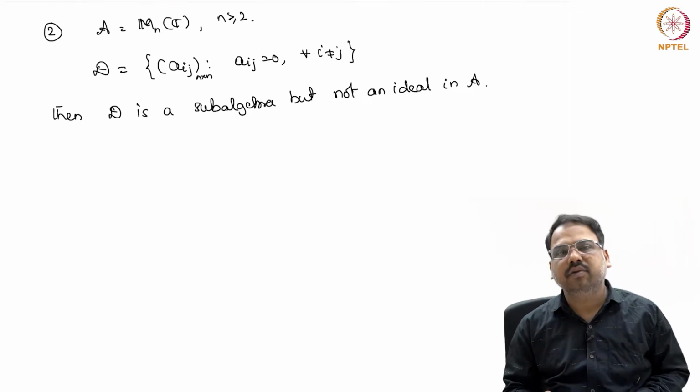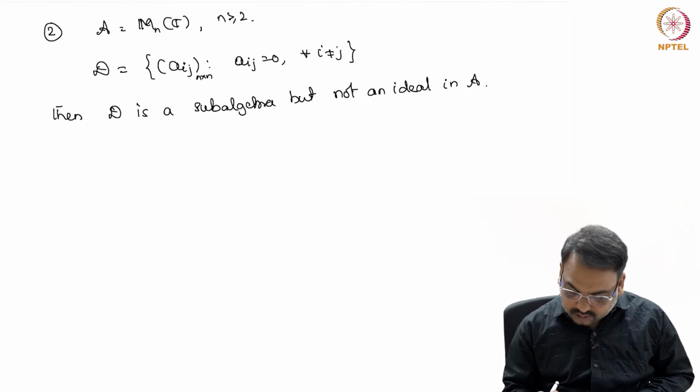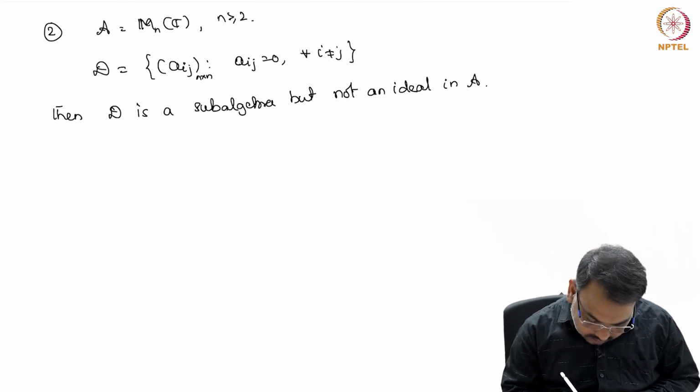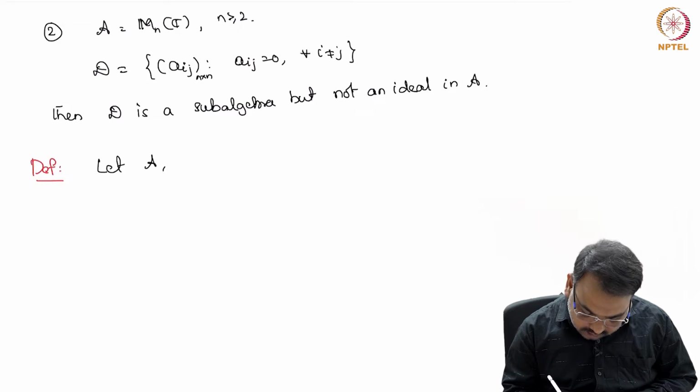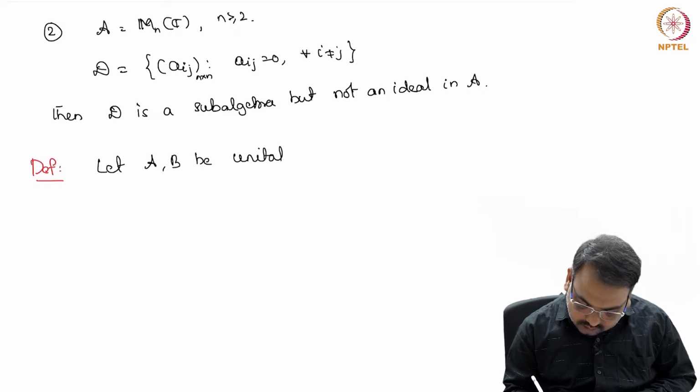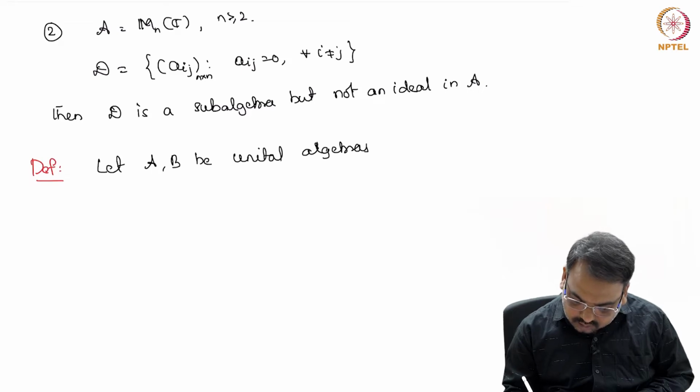So if we have a homomorphism between two algebras, let us look at the definition. Let A and B be unital algebras and phi from A to B be a map.